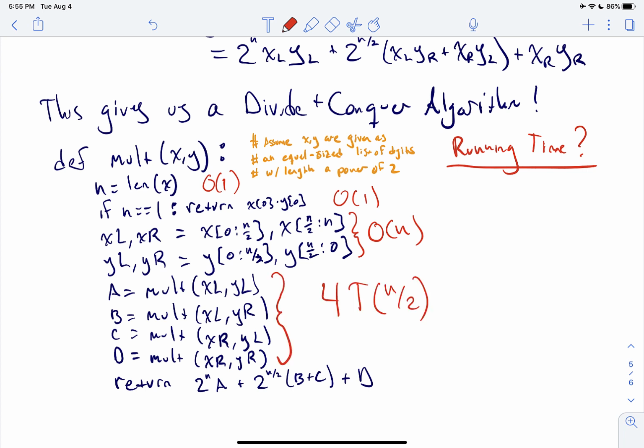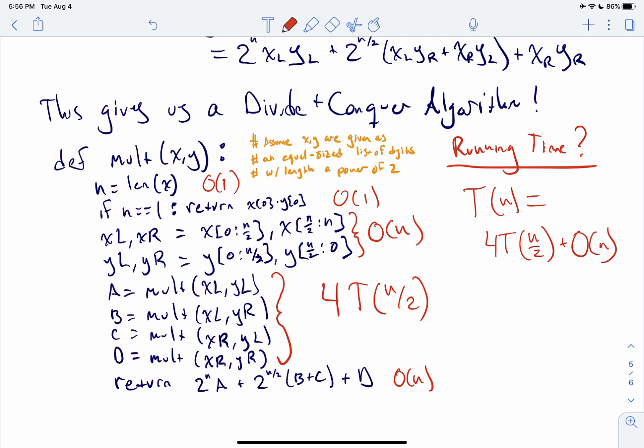However, then we make 4 recursive calls to mult. So we need to account for this by adding in 4 times T of n over 2, since all of these multiplications are of numbers of length n over 2. Finally, we have an O of n operation, since we have to add 4 n-bit numbers together.